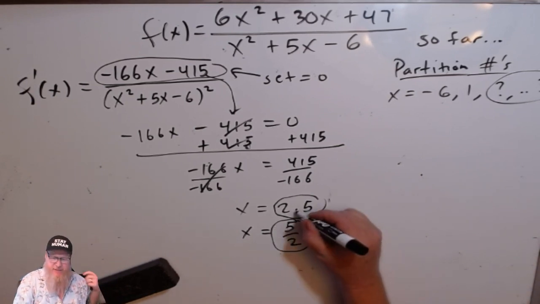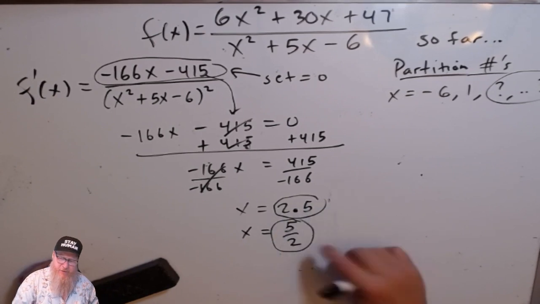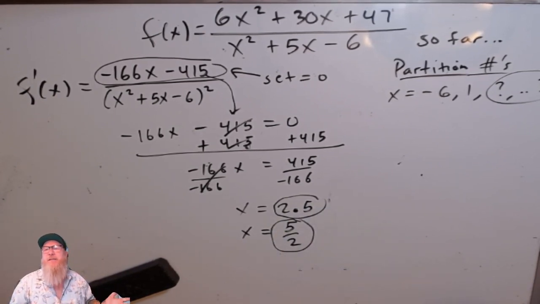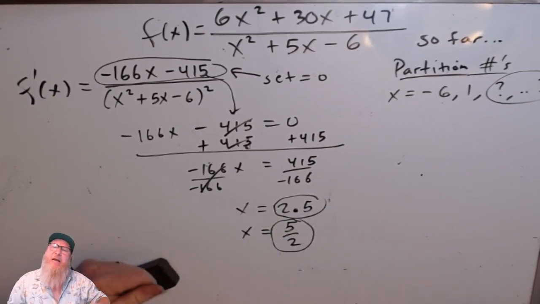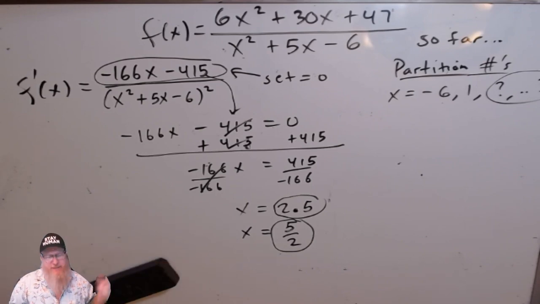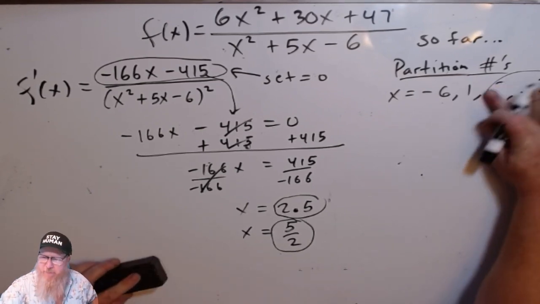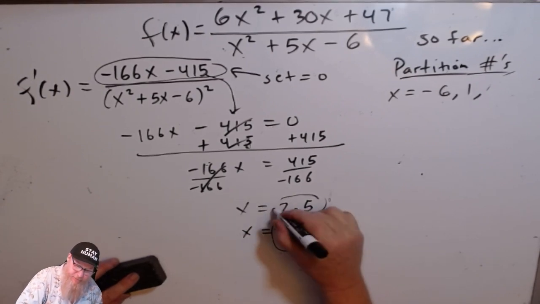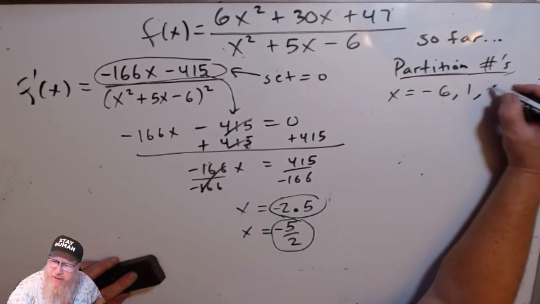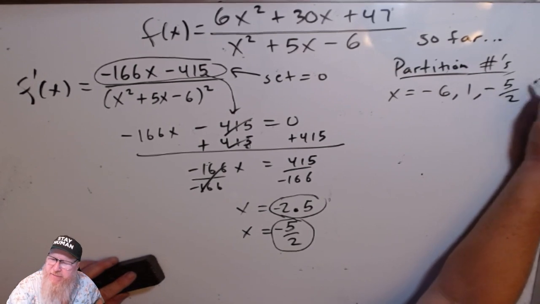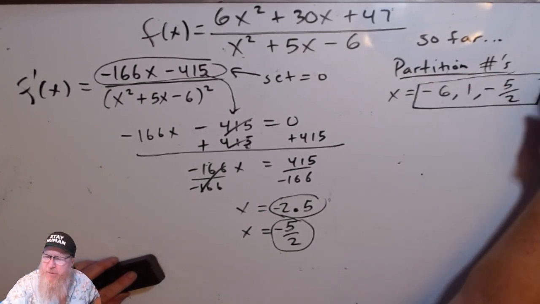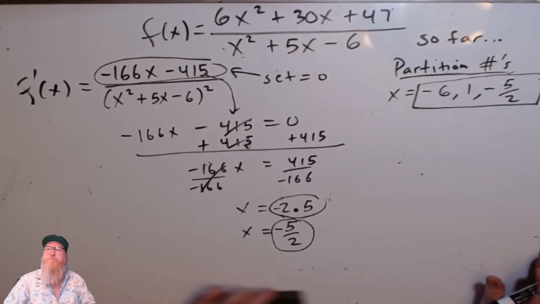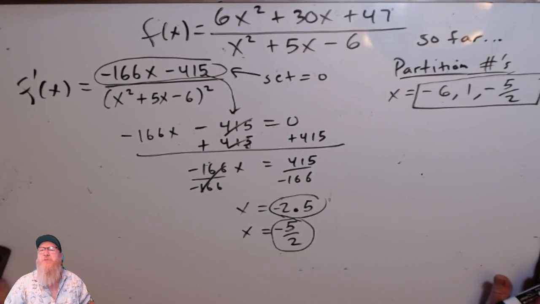But it doesn't. When you're dividing by 2, it comes out nicely. If you're dividing by 3 or by 6 or by 9, it's not so nice. All right, so we have one more partition value. Oh, it's negative, by the way. Almost screwed that up. Negative 5 halves. So those are your partition numbers, or partition values.